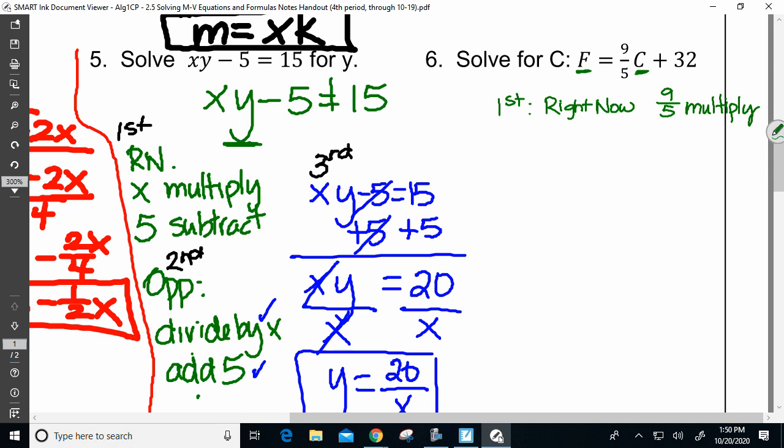Isn't 32 on the same side of the equation with the letter C? Maybe I need to write it this way so that some of you see it.